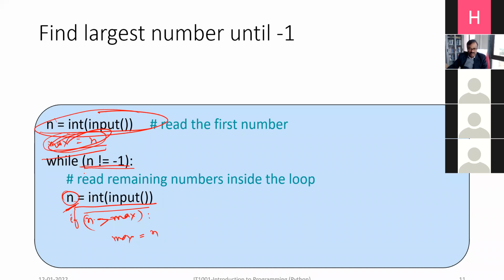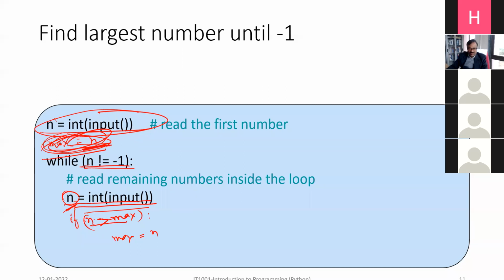So what I'm doing here is taking this next input, and now I'm comparing it with my max, which for the first time when I am inside the loop is equal to the first number.